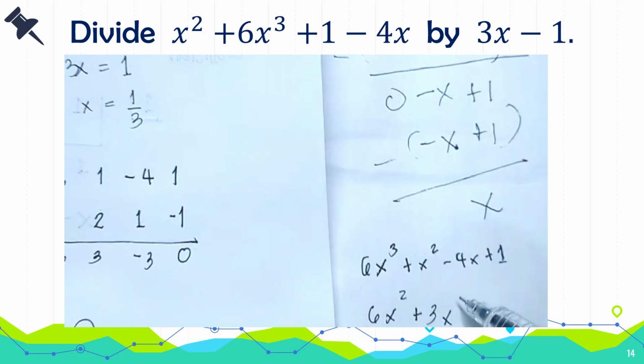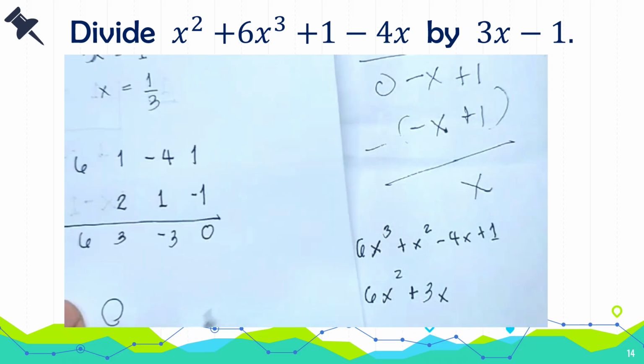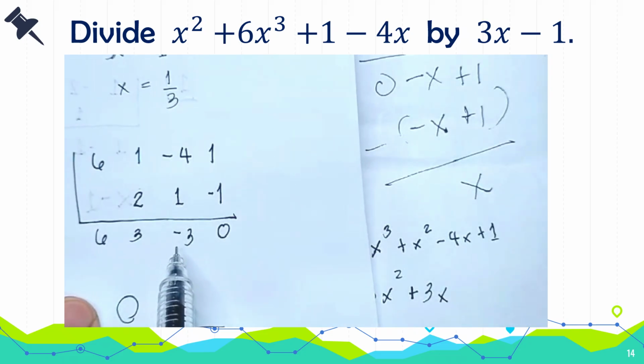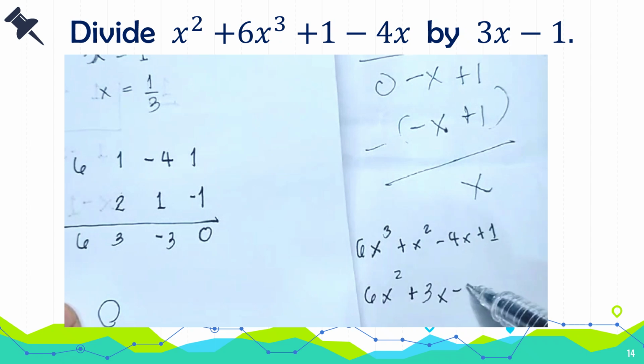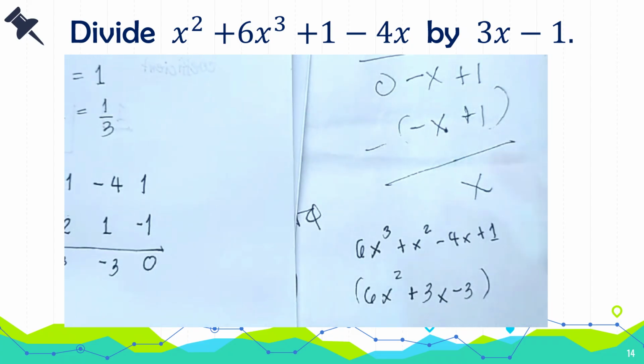This time, just x, or exponent of 1. Then we have the last answer here, negative 3, and this will be our constant, the term with no variable. With the remainder is 0. So this will be our final answer or our quotient.